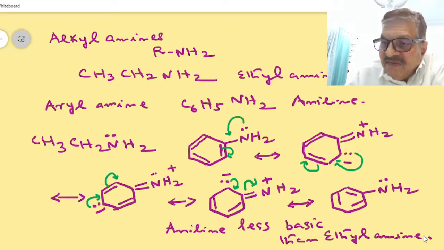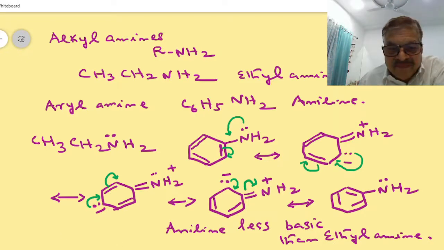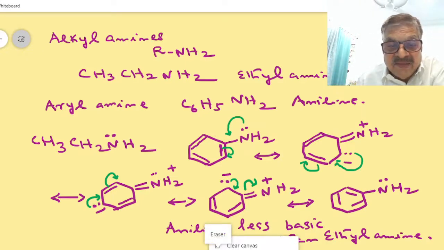Now the pKa value. Aniline is less basic than ethylamine. Now let us see the pKa values here.